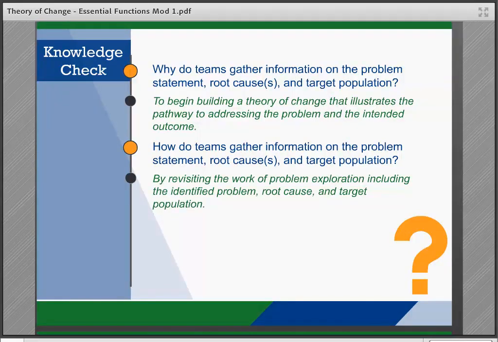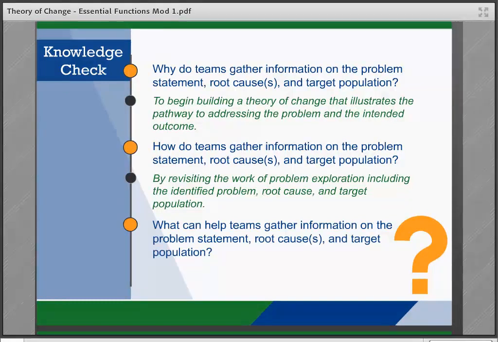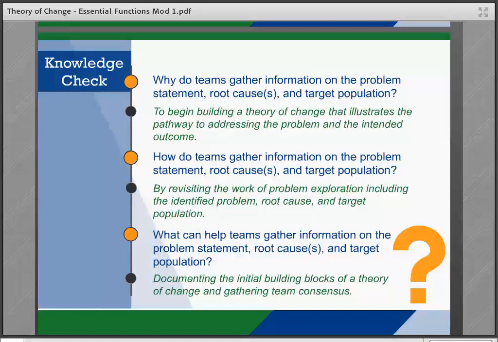By revisiting the work of problem exploration, including the identified problem, root cause or causes, and target population. What can help teams gather information on the problem statement, root cause or causes, and target population? Through documenting the initial building blocks of a theory of change and gathering team consensus.